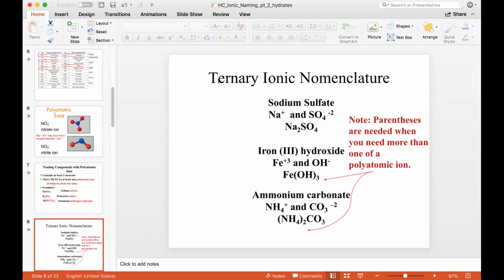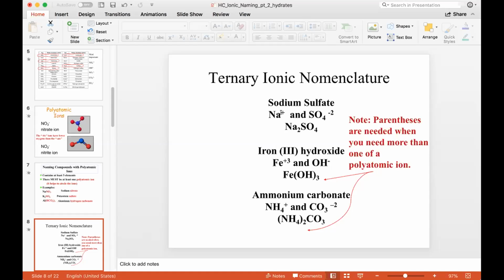Okay, so ternary just refers to the fact that there are 3 or more. Now there's a trick with dealing with compounds if you need more than one of the polyatomic ion. So for instance, sodium sulfate. If you try to form a compound between sodium and the sulfate anion, when you look up on the ion chart, you'll find sodium 1+, and sulfate is SO4 with a charge of 2-.